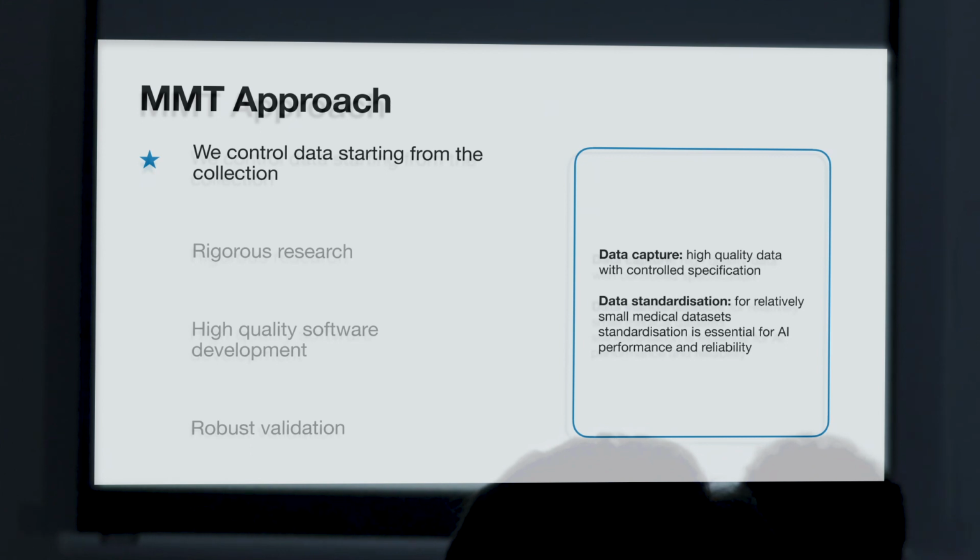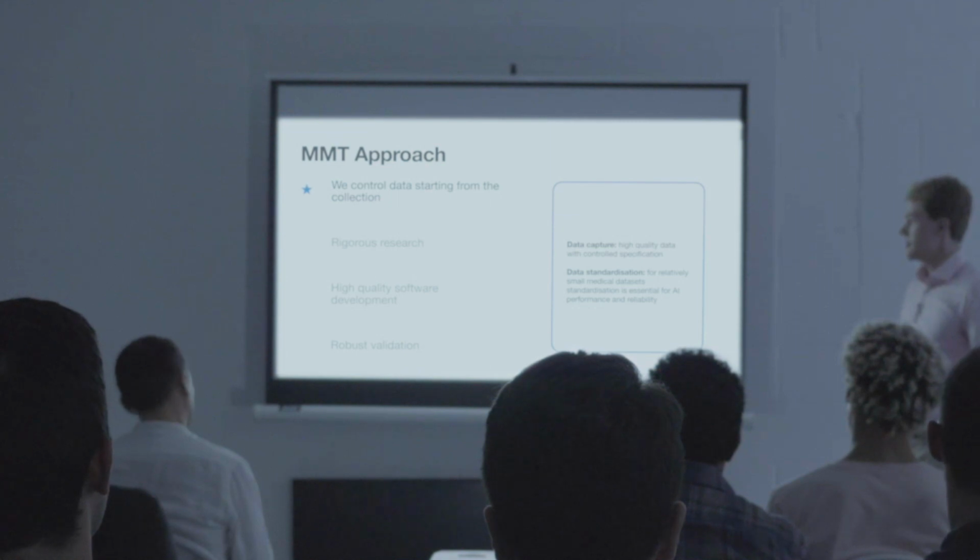So they are 2 or 3 orders of magnitude bigger. That's why we need highly standardized data sets to reduce the potential variability and make it easier for us, and also make our algorithms robust to any potential changes in the data.